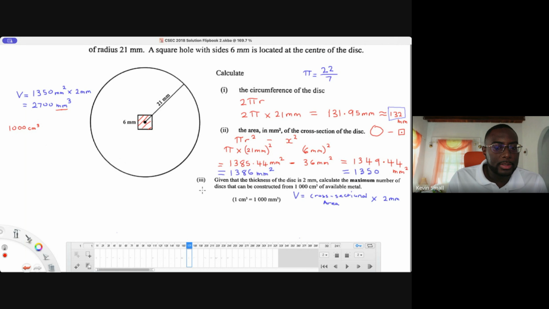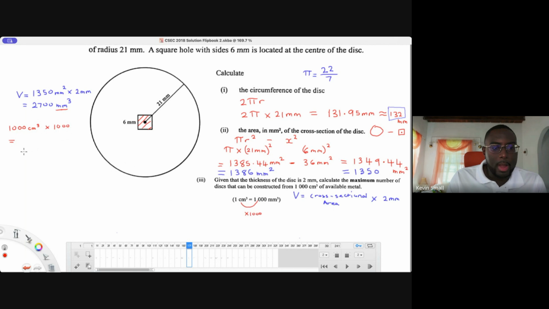Now, what was the conversion down here? The conversion was 1 to 1,000. So it means that you have to multiply by 1,000. So what is 1,000 centimeters cube multiplied by 1,000? This will give me the answer in millimeters cube.